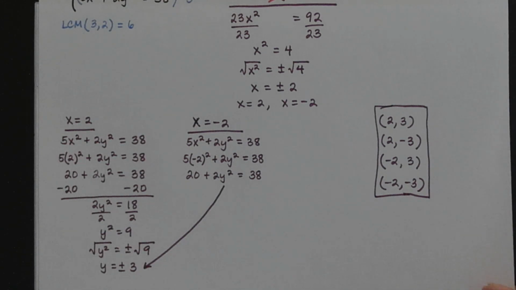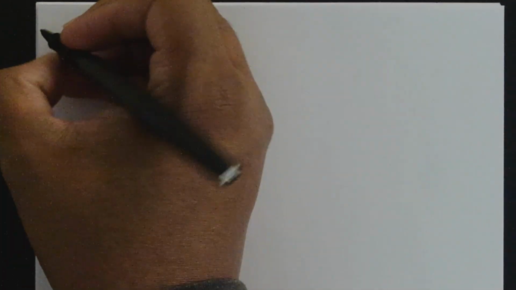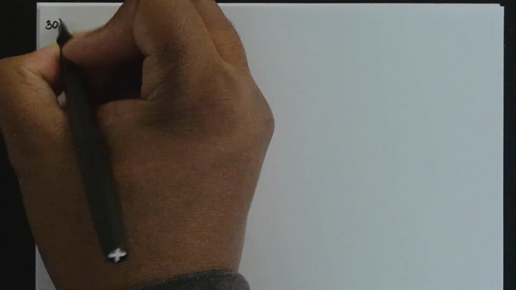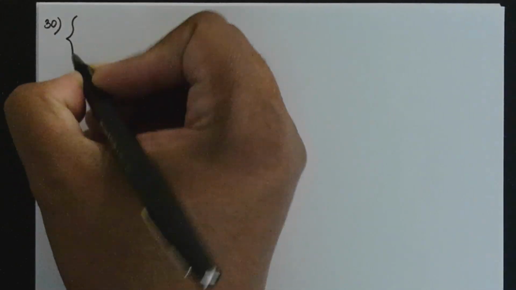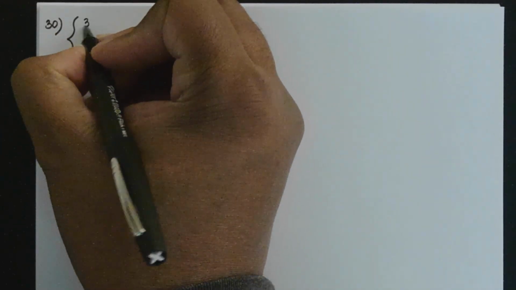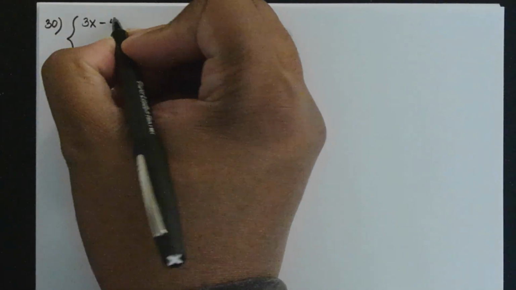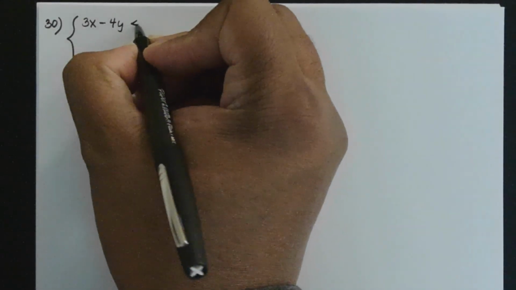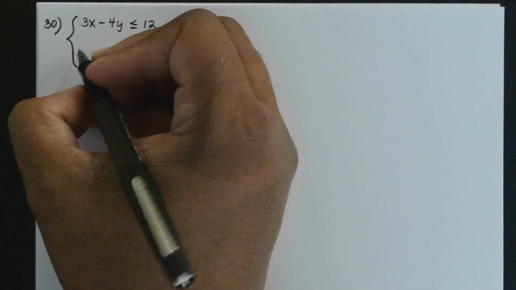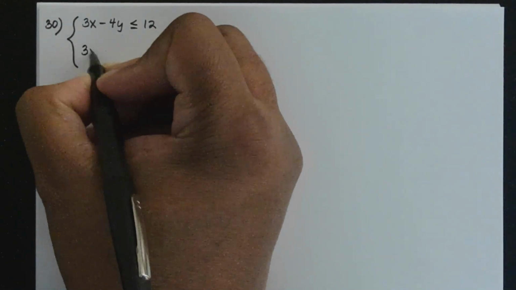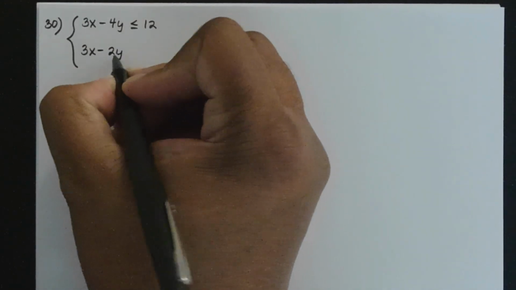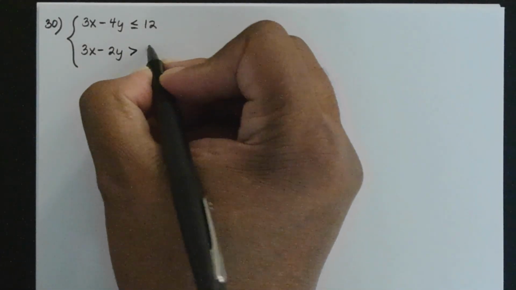And finally, problem number 30 is graphing a system of inequalities. Here we got 3x minus 4y is less than or equal to 12. The other equation is 3x minus 2y is greater than 6.